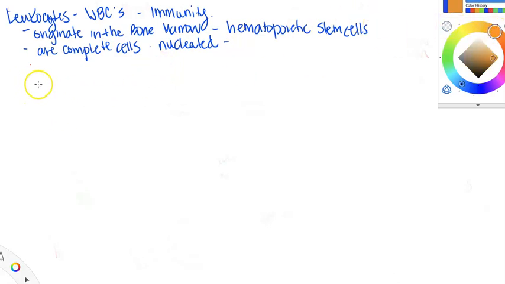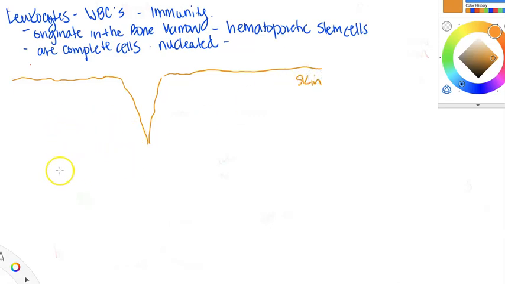So if you look at the skin, for instance, you can see how white blood cells work here. If you have an injury, a cut, so there's the cut. This is your skin. Let's say this is a cut down into the dermis.